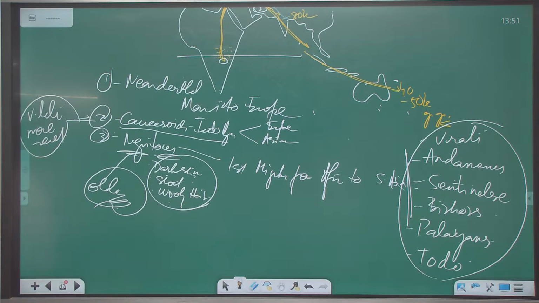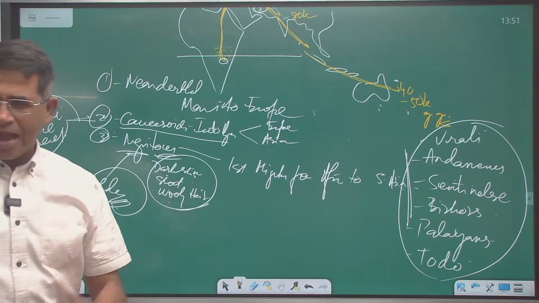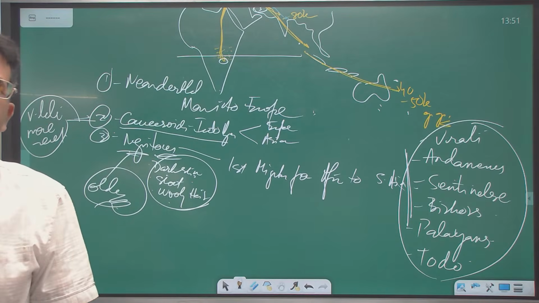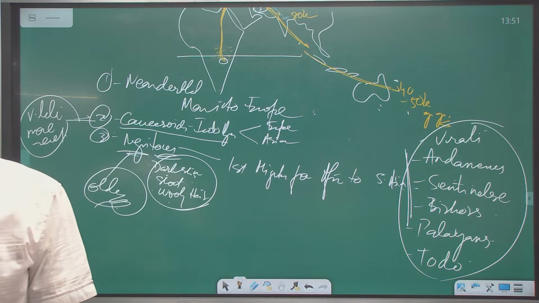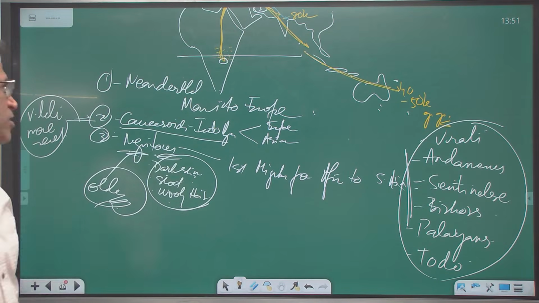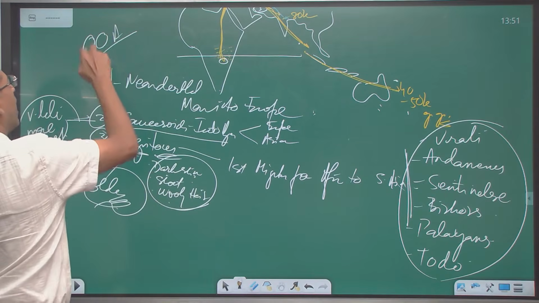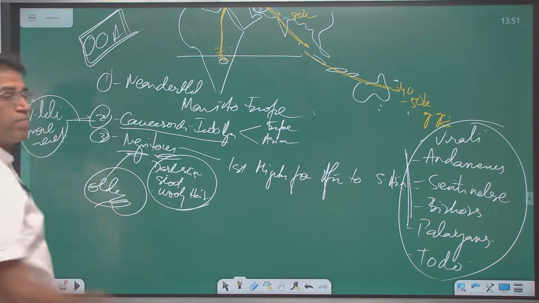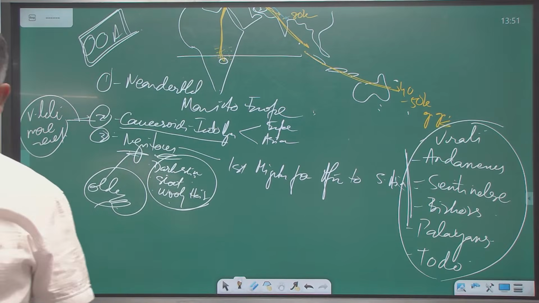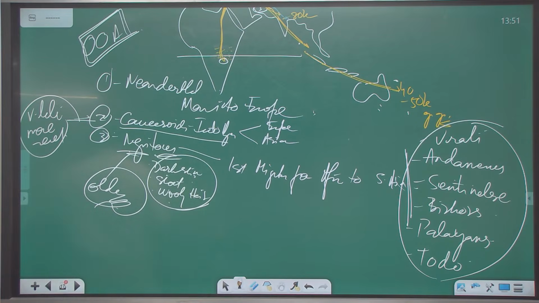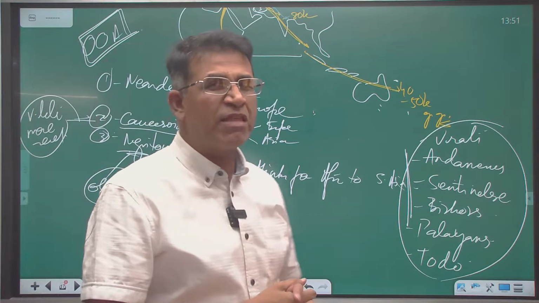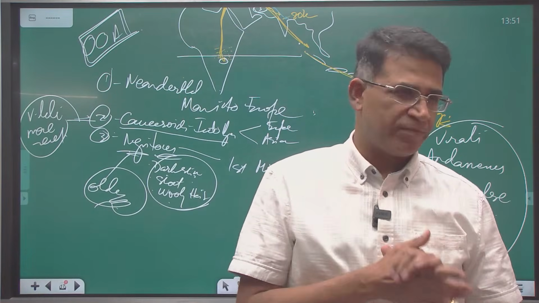So these are the 3 branches of how population spreads. It's all part of the out of Africa hypothesis. All done, all of you? None of this is in the syllabus, number one. Number two, they will not ask this directly.